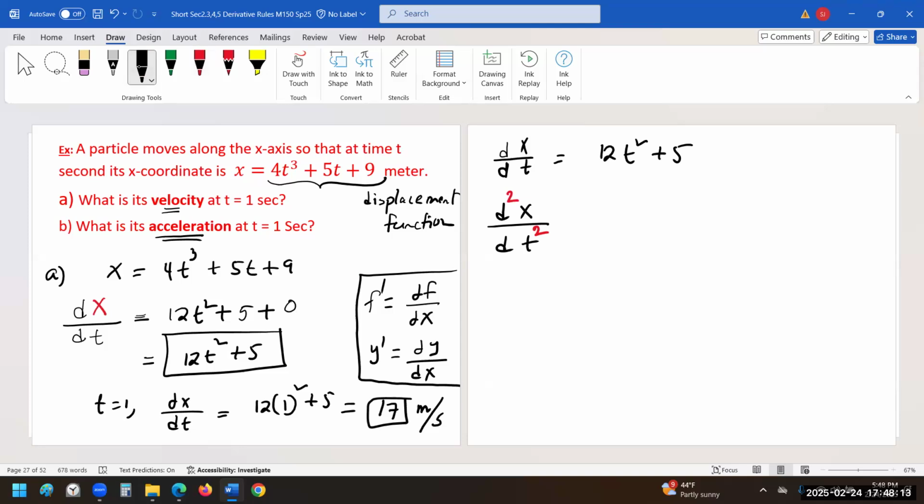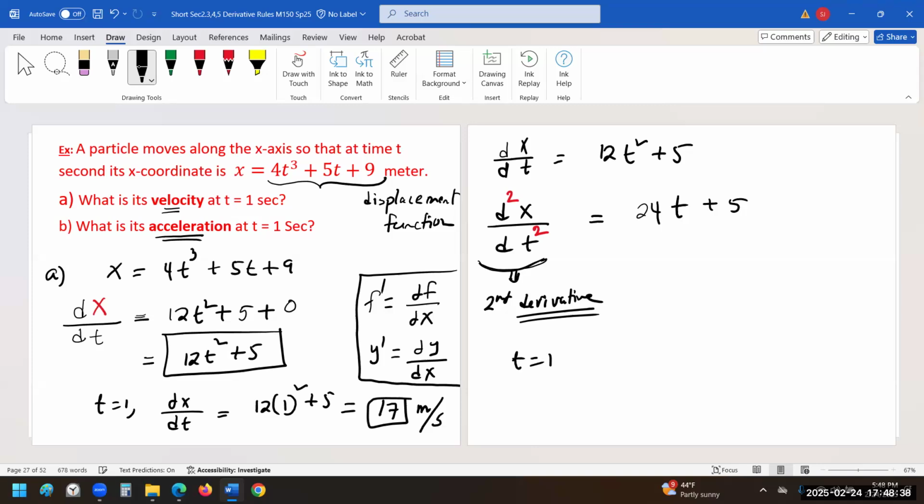So let me write it down in case you forget later. This is the second derivative. So what is the derivative of 12t²? 24t. And what is the derivative of 5? 0.